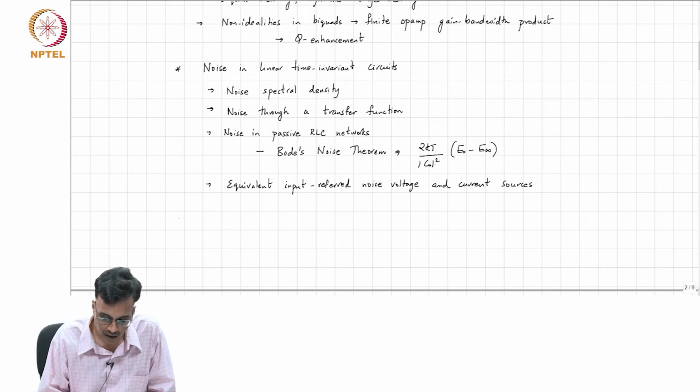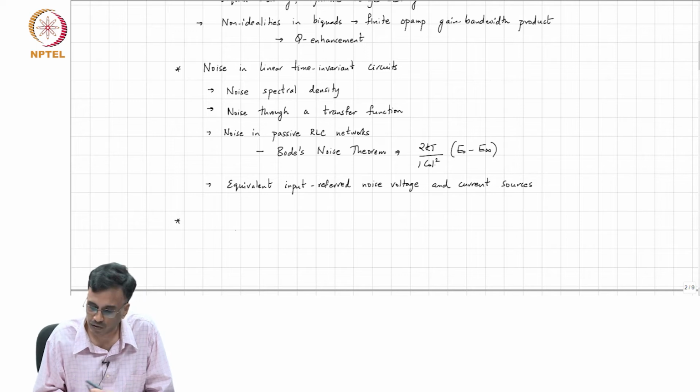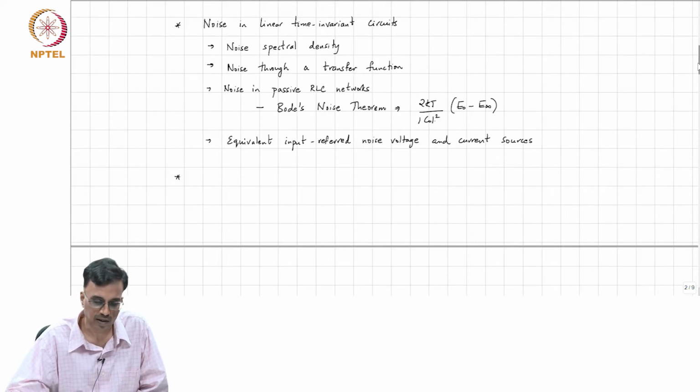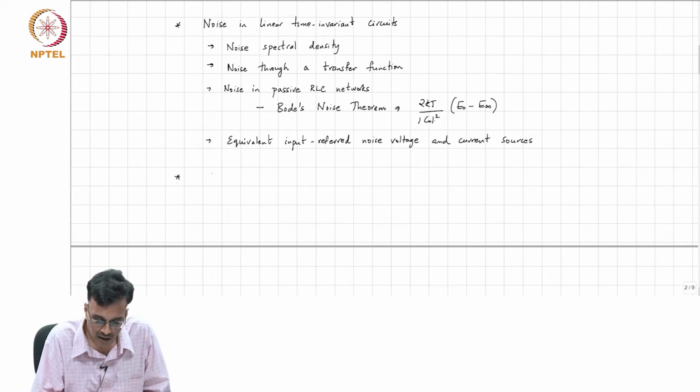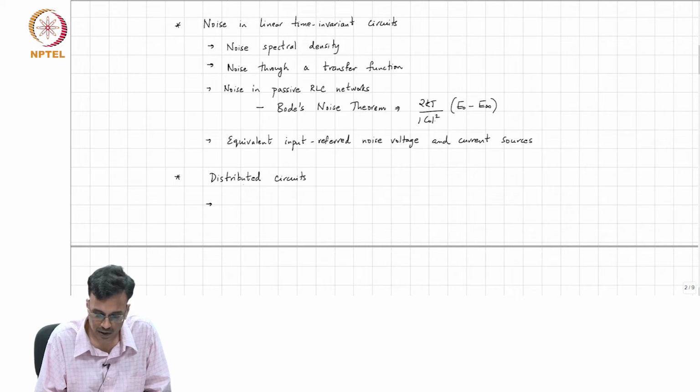Then we went off and started looking at, so far we only looked at circuits that are lumped, in the sense that we saw R, L and C. Then we looked at distributed networks, and the element that we learnt about was the transmission line. Right.